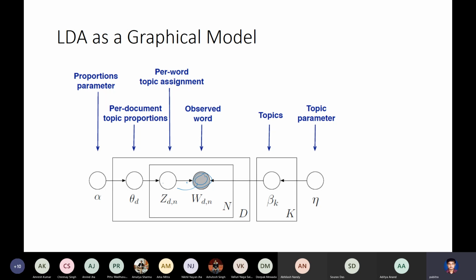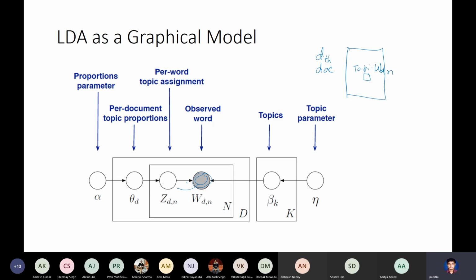If you have the dth document and you look at the nth word, remember the generative process: first I attach a topic to the nth word, and then from the word distribution of that topic, I generate a word. Whatever topic I assign, say topic 2 or whichever integer, that is ZDN.